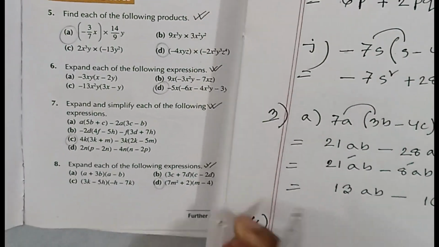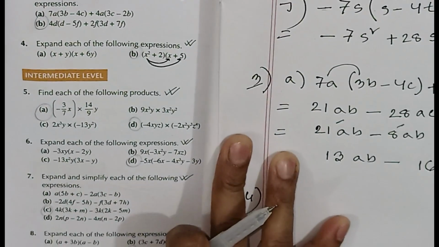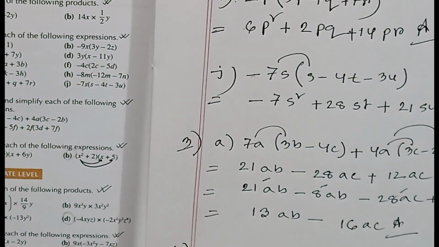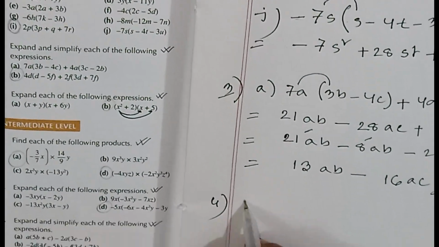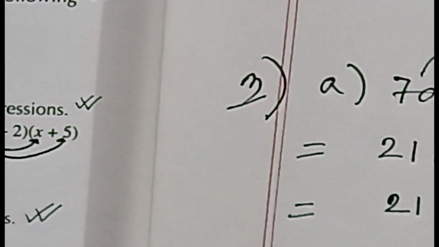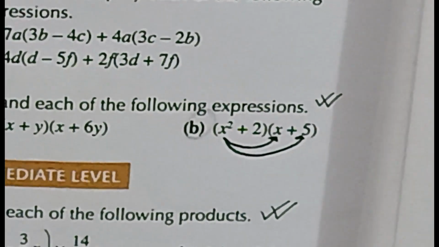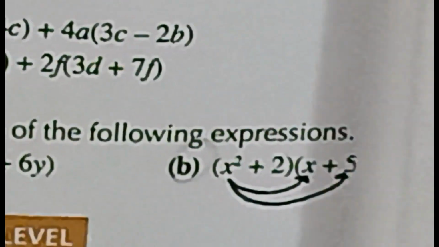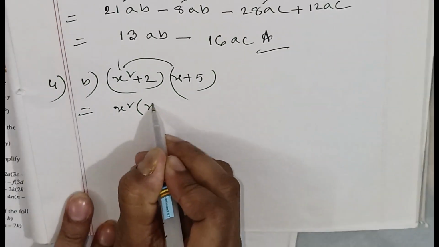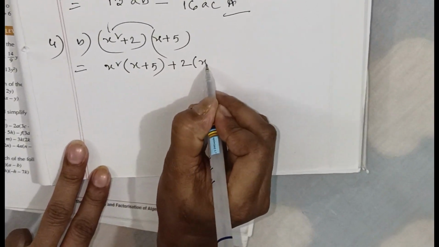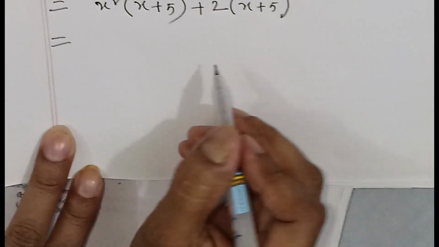Now number 4: expand each of the following expressions. At first copy the question. I will do b, you will do this. x square plus 2 into x plus 5. Same method: x square into x plus 5 plus 2 into x plus 5.